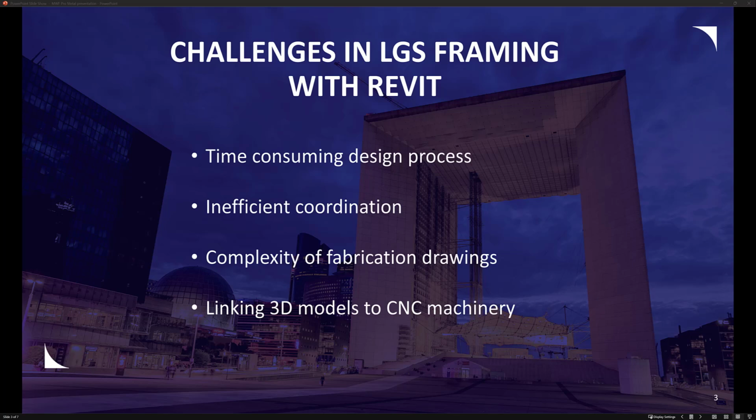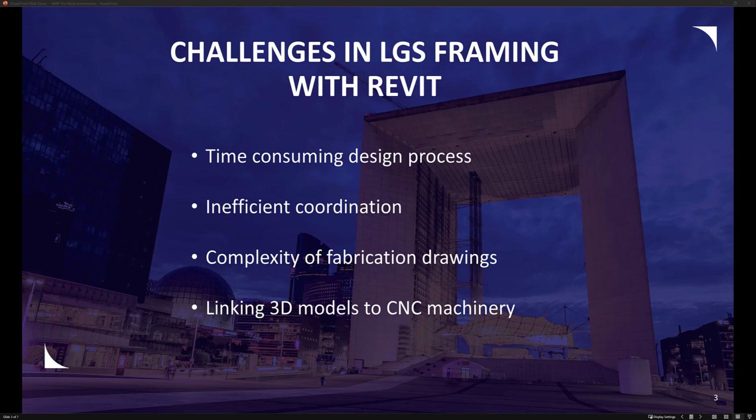Let's get a brief overview of some of the challenges that users encounter when modeling LGS framing in Revit. Without having a specific plugin, framing in Revit can be a complex and time-consuming task. It often involves a manual and repetitive process.